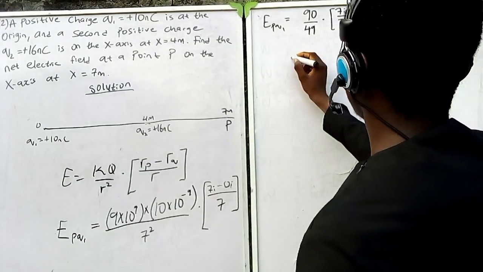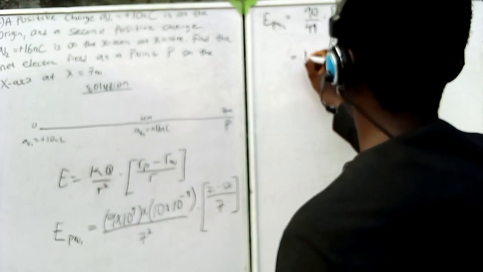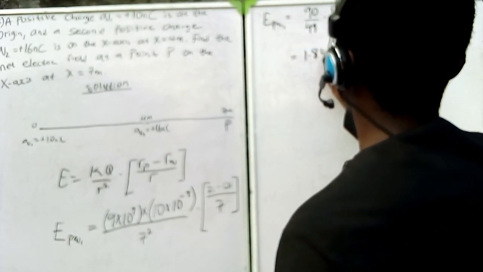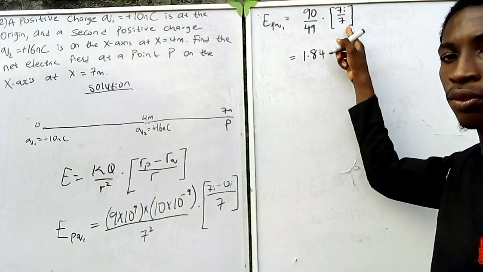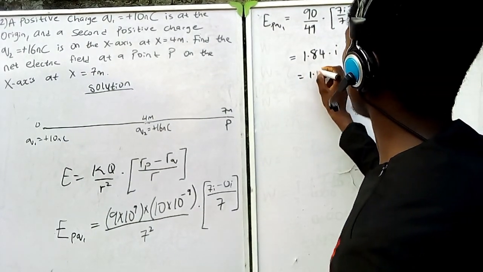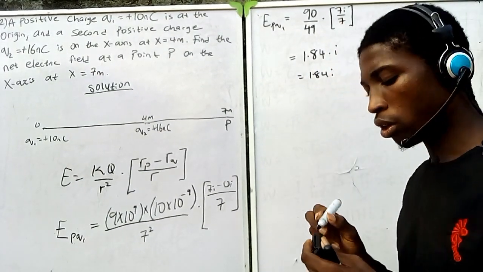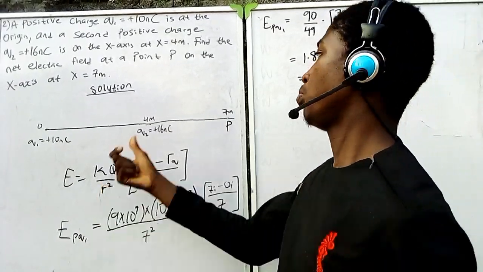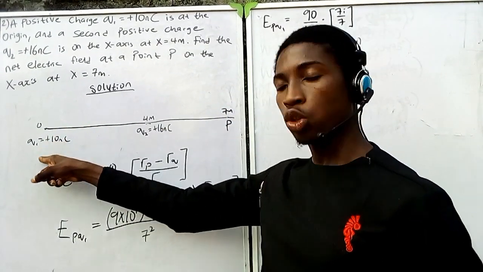Okay, and if you do that, you have 1.84 times 7i divided by 7, which is just i, right? That is equal to 1.84i. So I'm done with the electric field that P is feeling from Q1.